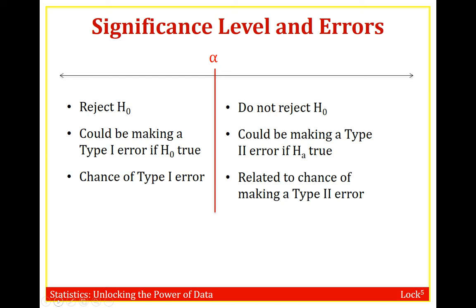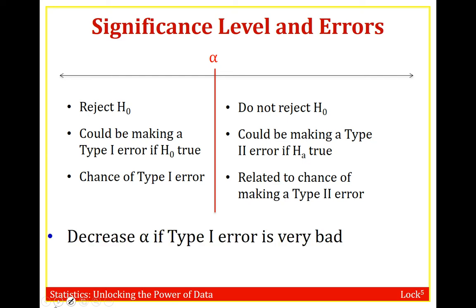Now, how do I decide between what's more important, a type 1 or a type 2 error? Well, first of all, we decrease the alpha if a type 1 error is very bad. If I make an error based on rejecting H0, and I'm making a type 1 error, and that's bad, I am going to decrease the alpha level. I'm going to make it smaller.